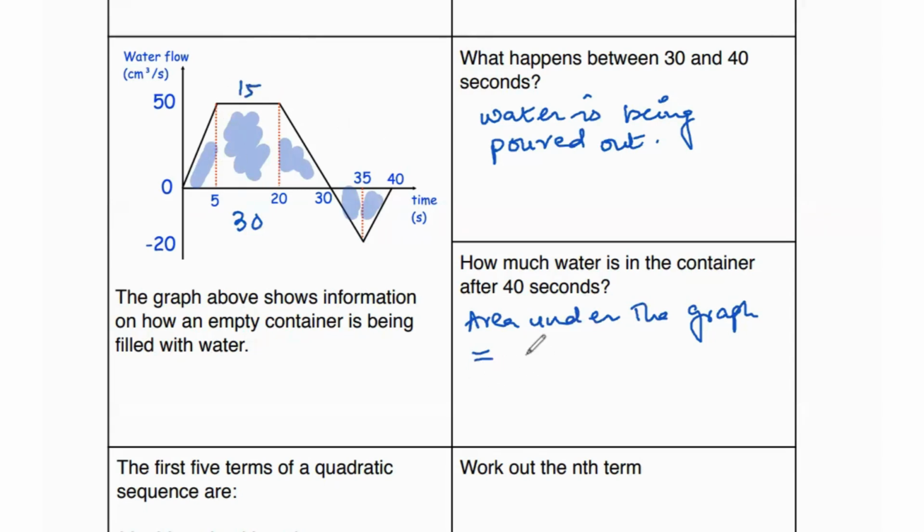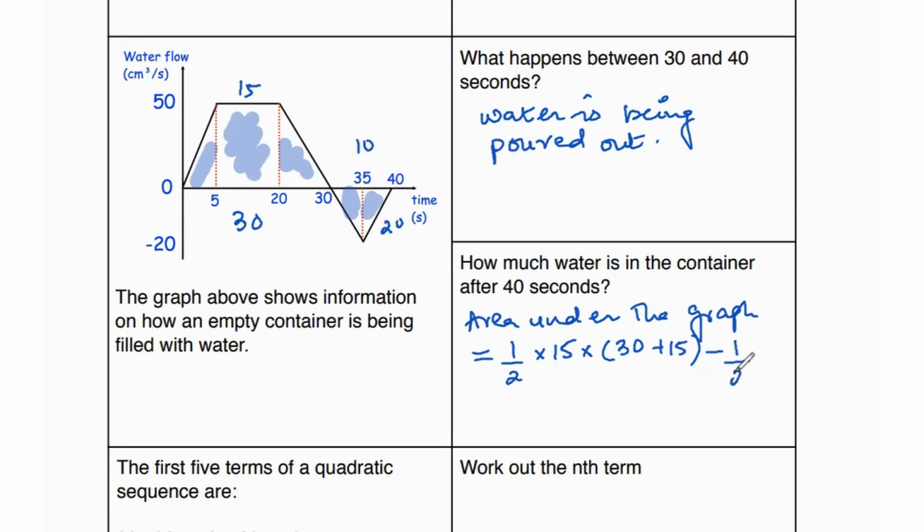So we can use the formula for the area of a trapezium, which is 1 over 2 times the height times the sum of parallel sides, which are 30 and 15. Then minus this triangle over here because that's the volume of water that is taken out of the container. So we subtract that. So for that, the height is 20 and this is 10.